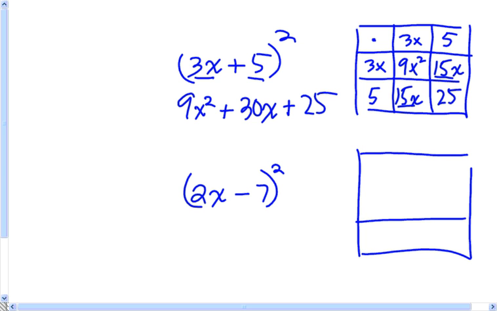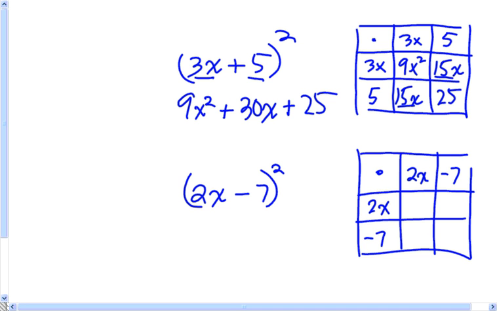Now, if it's a subtraction, a similar situation happens. So we have our times table. The only thing is we have a negative 7 here and a negative 7 here. Well, 2x times 2x is 4x squared. Negative 7 times 2x is negative 14x, and we have that same product down here, negative 14x.